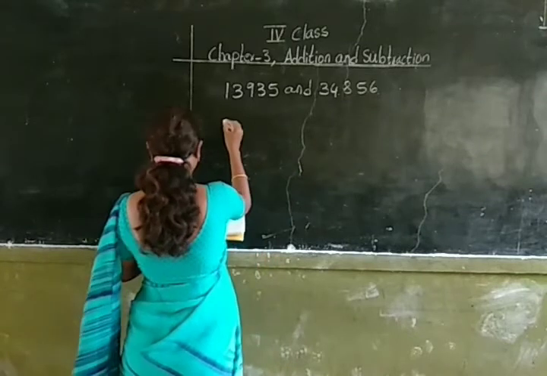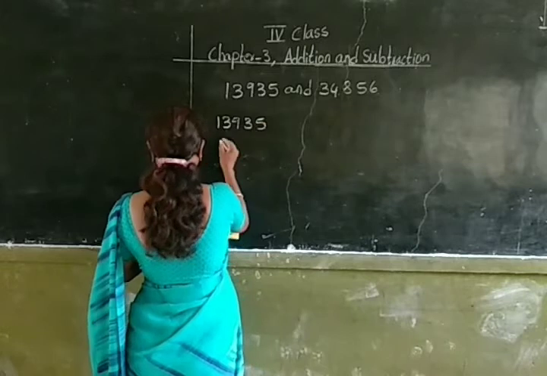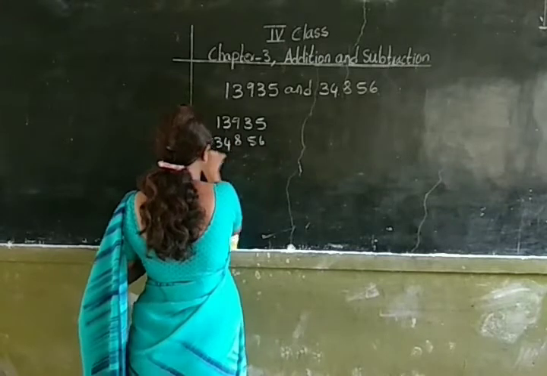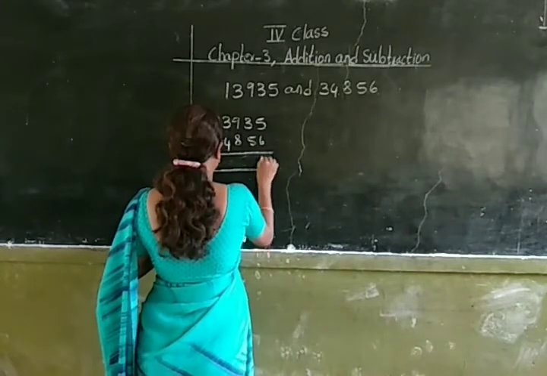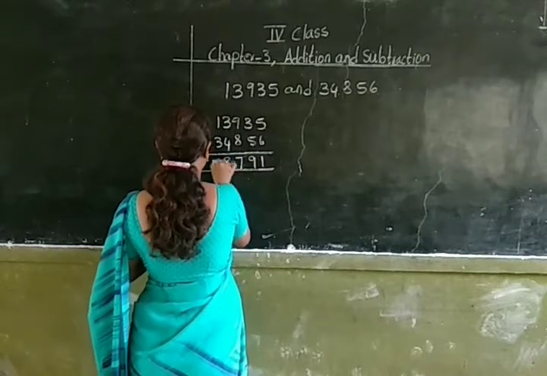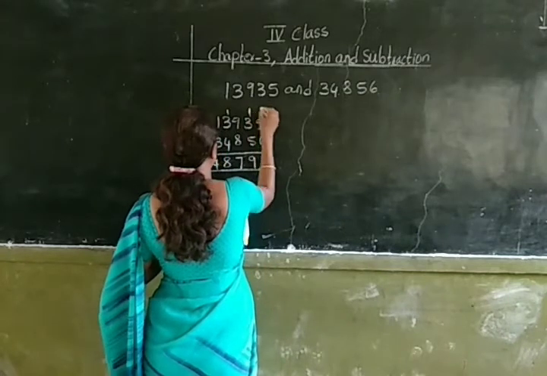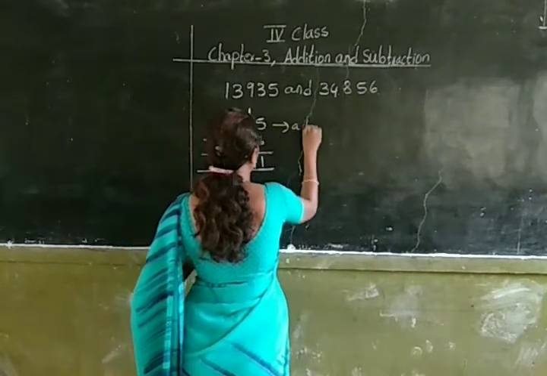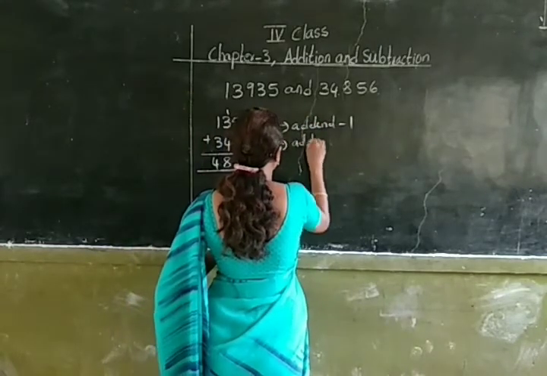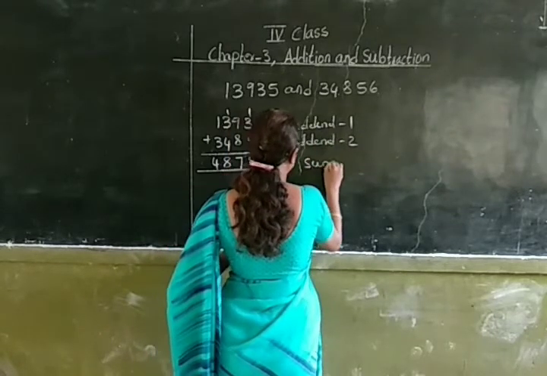So I am writing the answer once again. This is called addend 1. This is called addend 2. And the answer we got is called the sum.